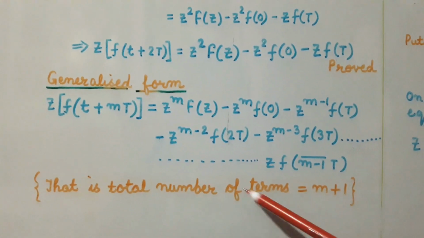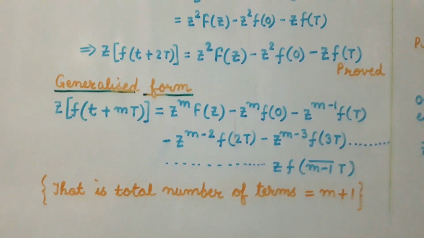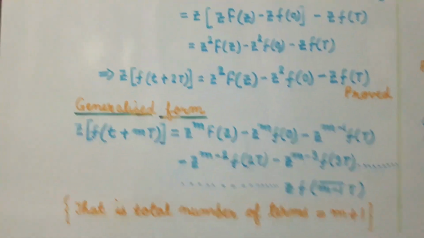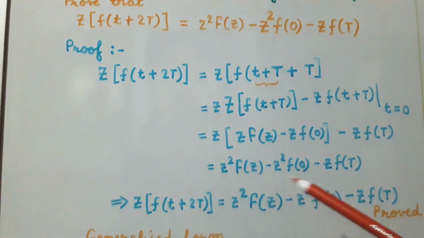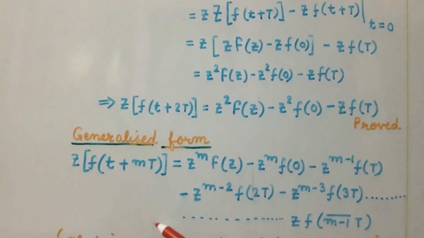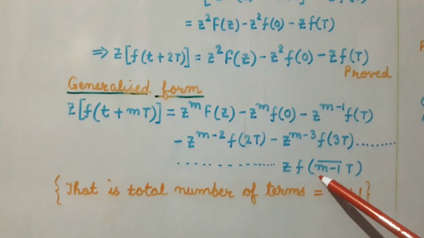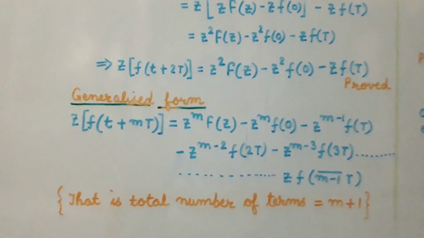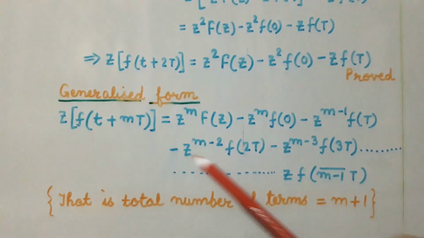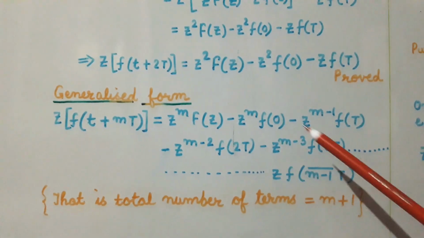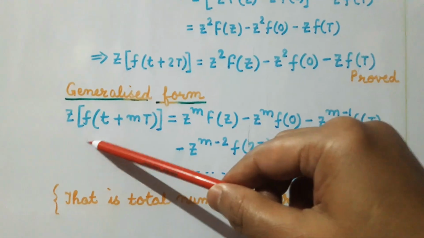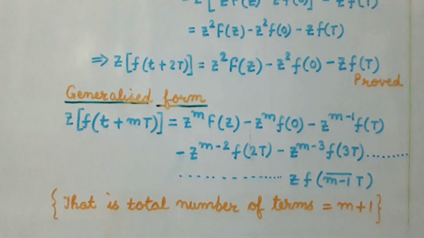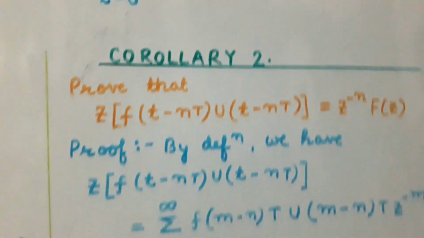That is, the total number of terms will be m plus 1, because when it is t plus 2T we get 3 terms. So if it is f(t plus mT), we will get a total number of terms equal to m plus 1 in this expression. So this is the generalized form from which we can find the Z transform of any function.